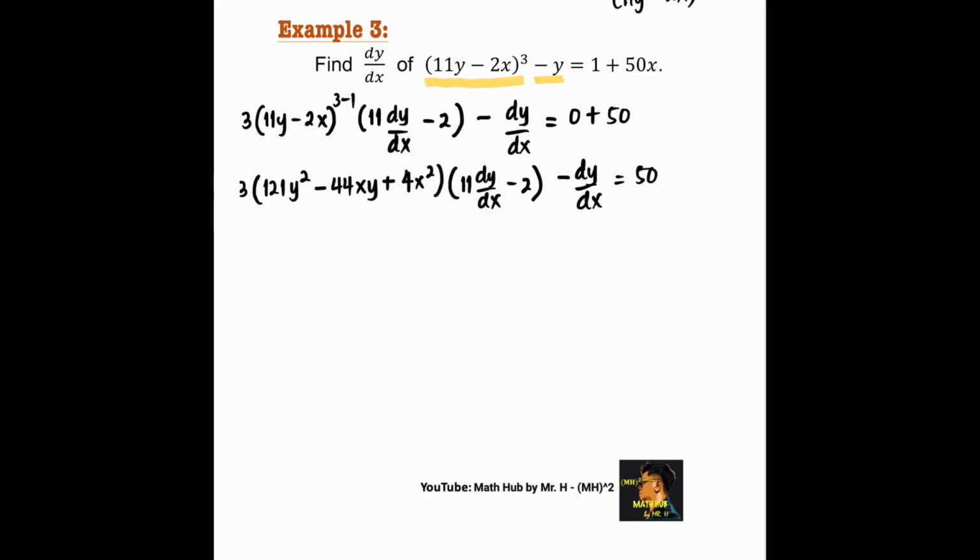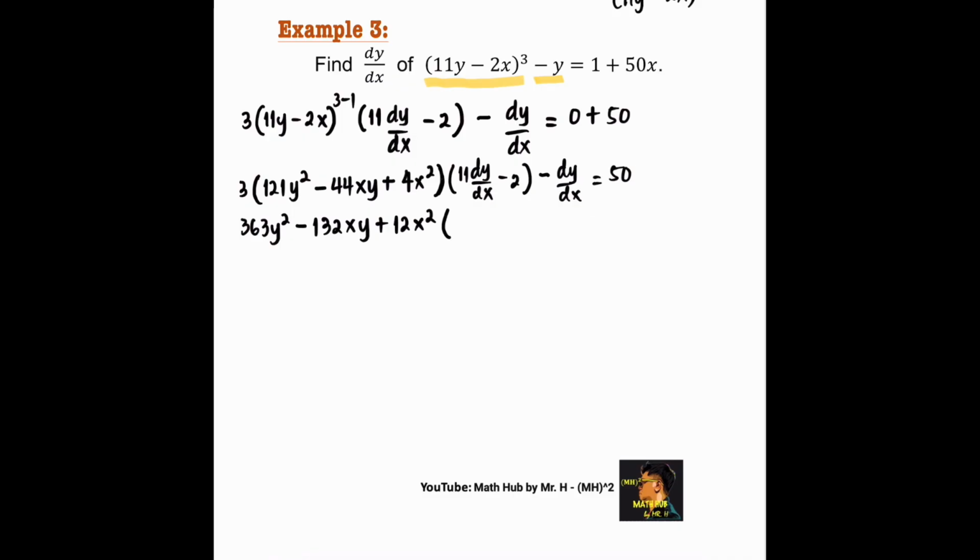So 3 times 121 y squared is 363 y squared, minus 44 times 3 is 132 xy, plus 4 times 3 is 12 x squared, and then we copy 11 dy over dx minus 2 minus dy over dx equals 50.